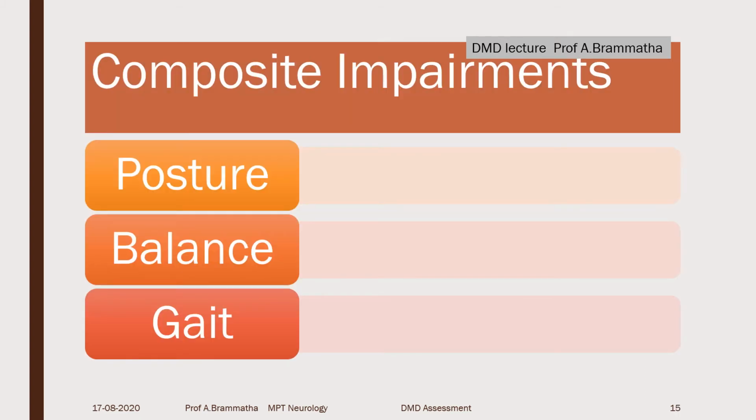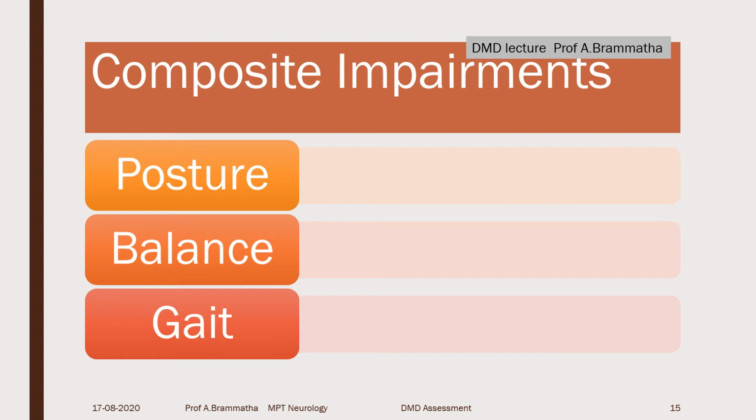So the composite impairments are posture, balance, and gait, which are the problems which the child faces due to the primary impairments. So as the muscle weakness sets in, definitely the posture will be disturbed, and as the muscle strength decreases and the alignment is disturbed, the balance will be lost.